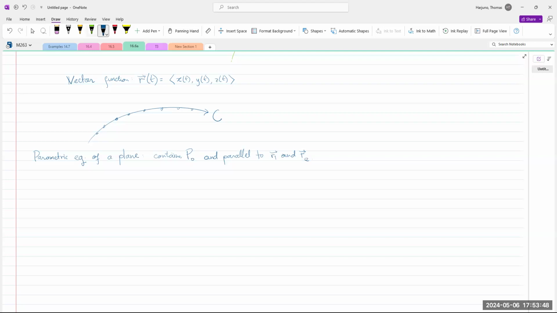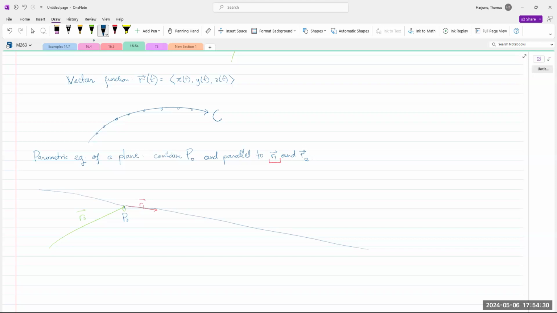Imagine that you have a position vector r0 that goes to P0. Using that vector r1, let's say you shoot in this direction, r1. As you extend r1, your vector will give you a line, right? If your t is increasing, then r1 gets extended.